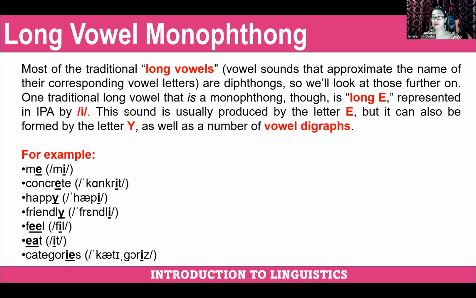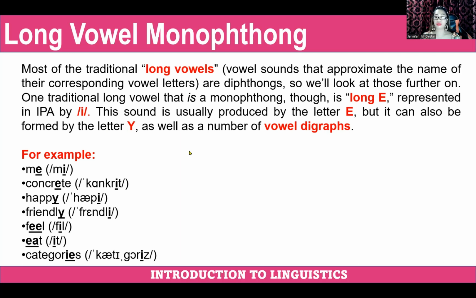As you can remember, a while ago, I have the capital I, pronounced as E, but pronounced shorter. But this one, the small letter i, is the long E. This sound is usually produced by the letter E, but can also be formed by the letter Y, as well as a number of vowel digraphs.